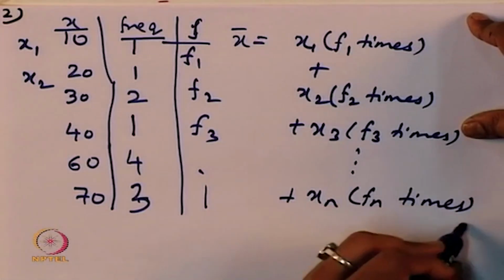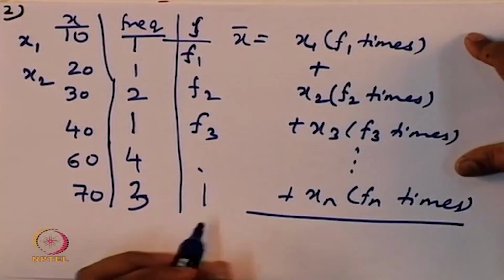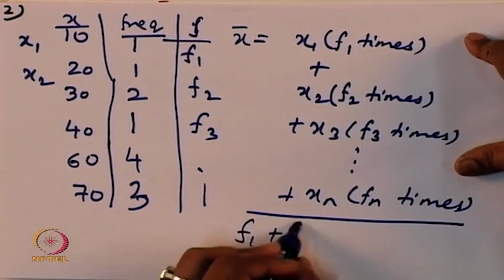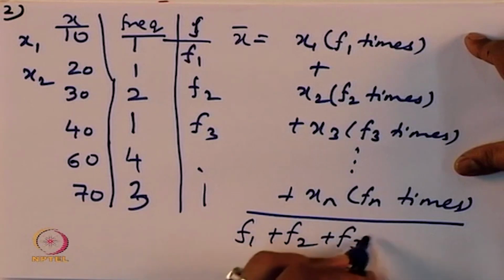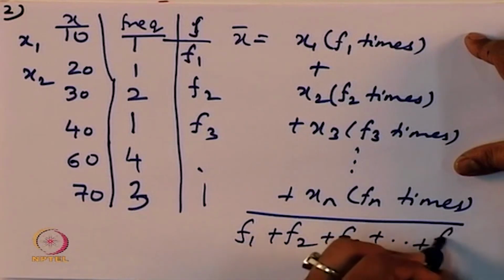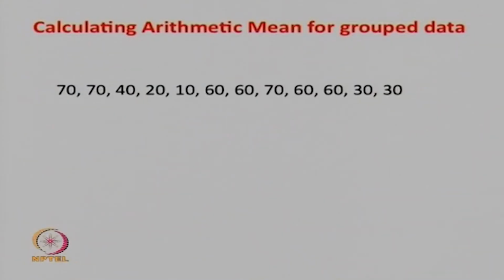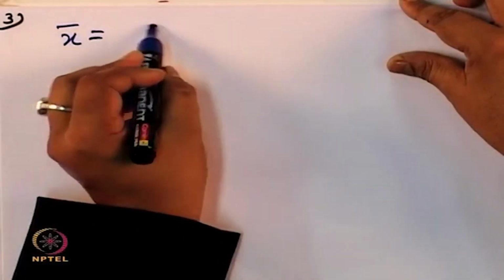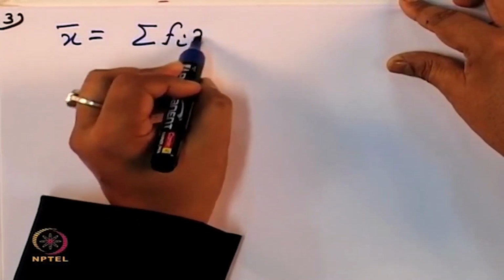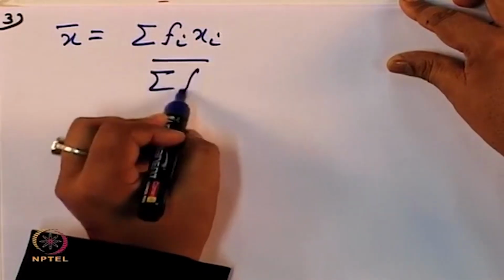And we want to divide by the total number of observations, which is f1 plus f2 plus f3 plus dot dot dot plus fn. So, the final expression becomes x bar is equal to summation f i into x i by summation f i.